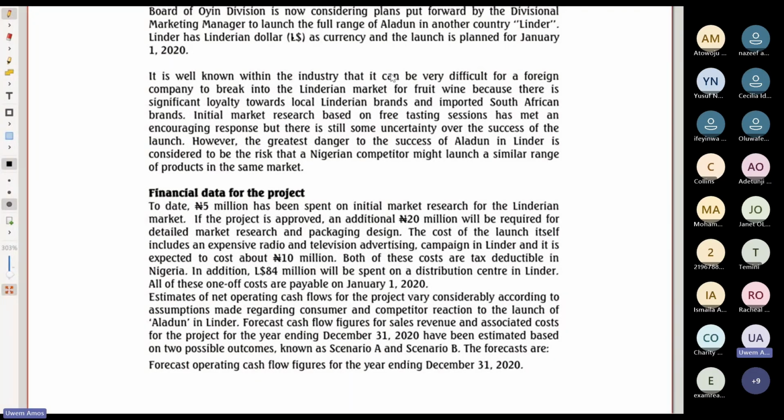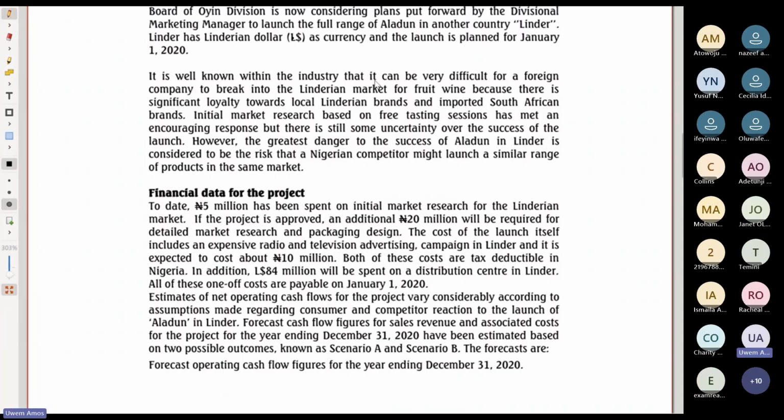Both of these costs are tax deductible in Nigeria. In addition, 84 million will be spent on a distribution center in Linda. All of these one-off costs are payable on January 1st, 2020.